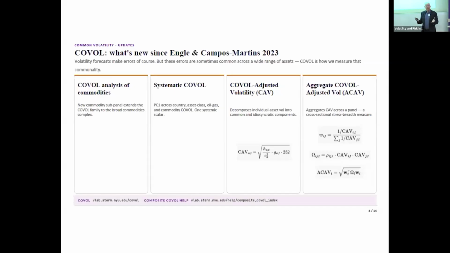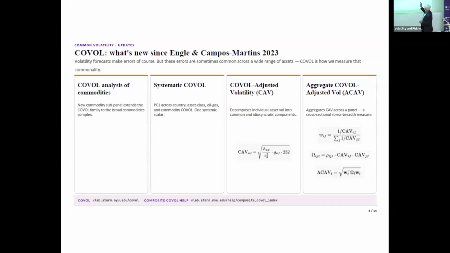So now there are 4 of these in VLab, adding to the richness, but the complexity also of this. So while we put in the 4th one, we also have a lot of ways of consolidating them. We have a systematic COVOL, which is really the principal component of all 4 of these measures of forecast errors.